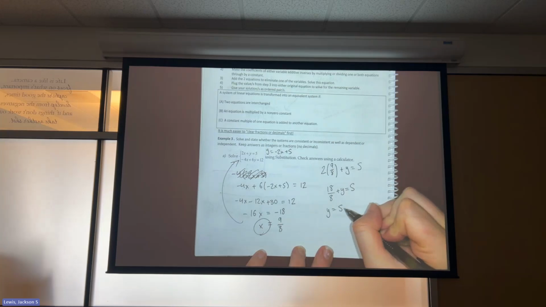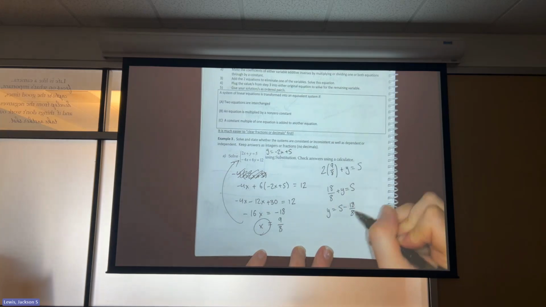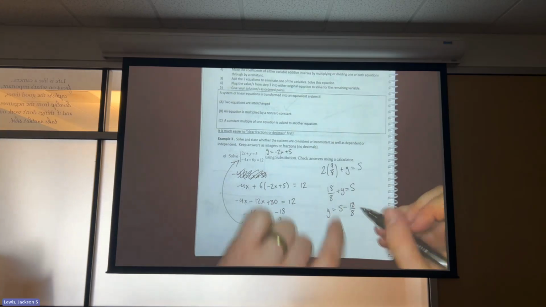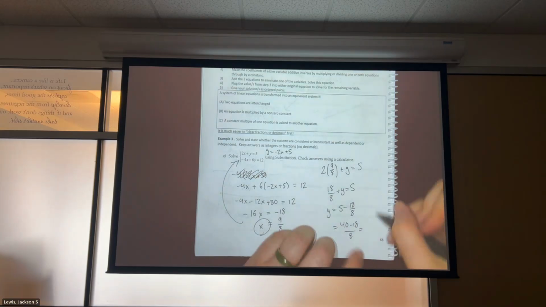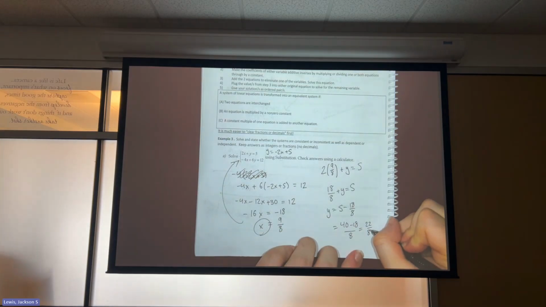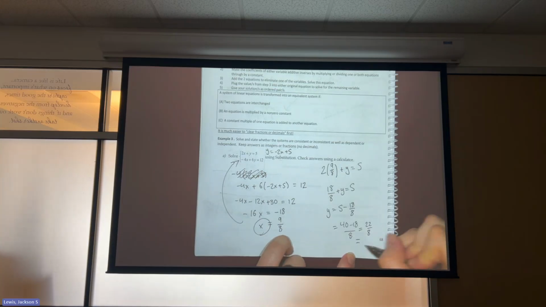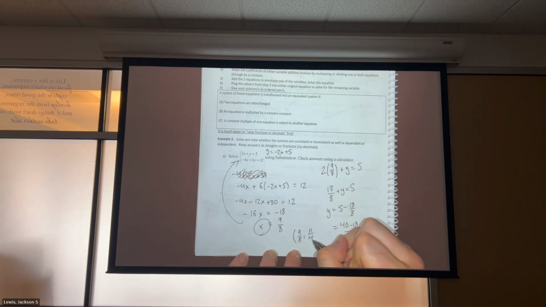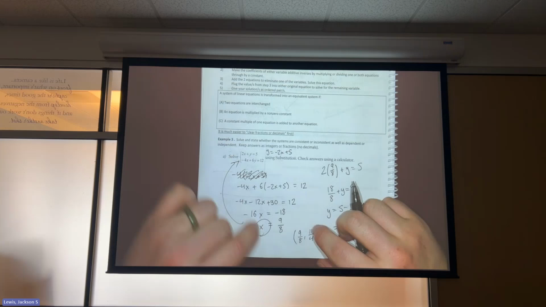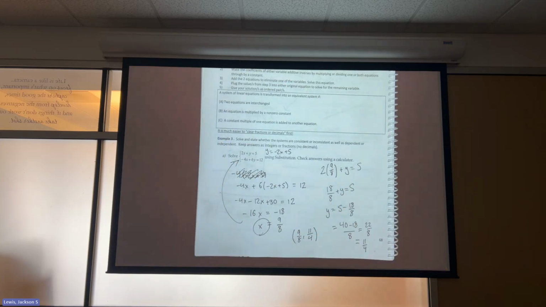Y equals 5 minus 18 over 8. 5 is 40 over 8, and 40 over 8 minus 18 over 8 equals 22 over 8, which is 11 over 4. My solution pair is 9 over 8, 11 over 4. I can plug these solution pairs into my system of equations, and they should both be satisfied.